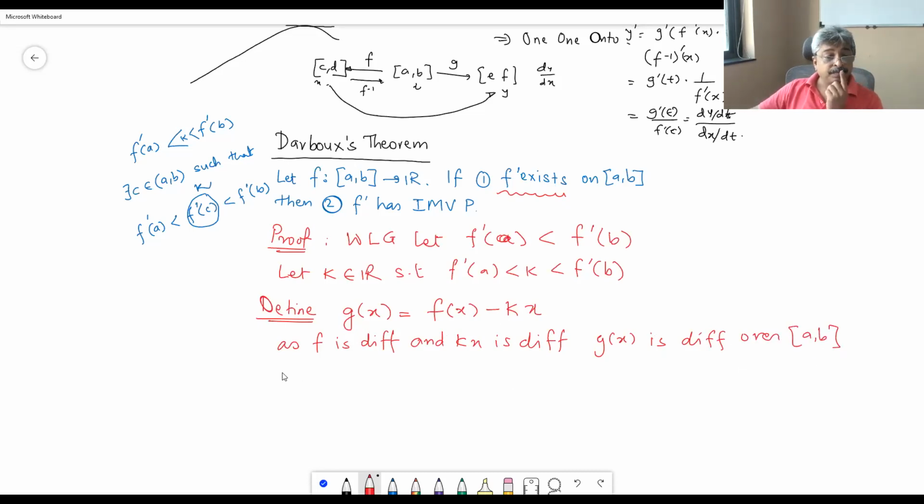Okay, therefore g dash of a is equal to f dash of a minus k, which is less than 0. g dash of b is equal to f dash of b minus k, which is greater than 0.